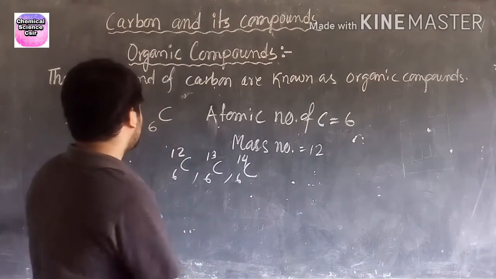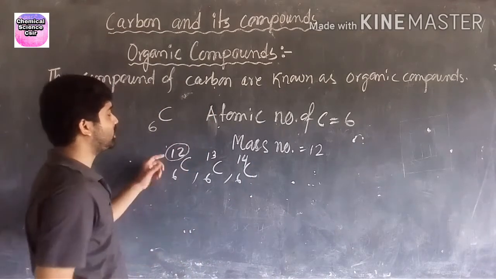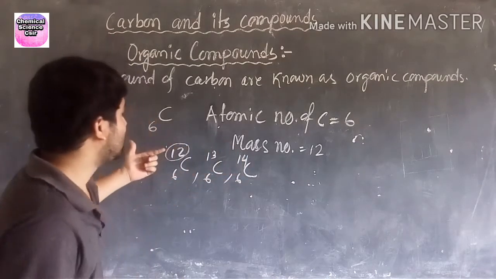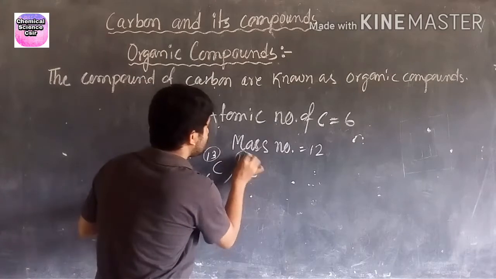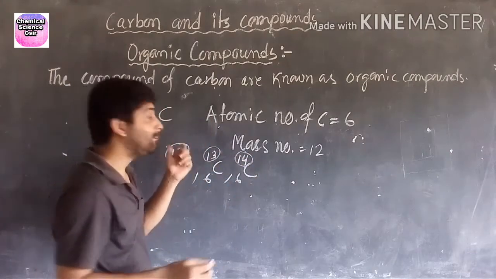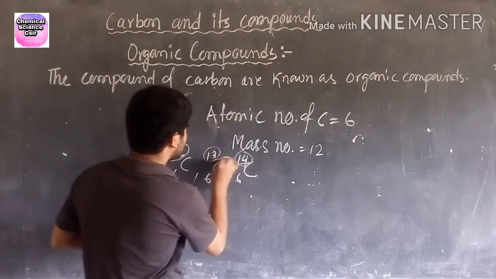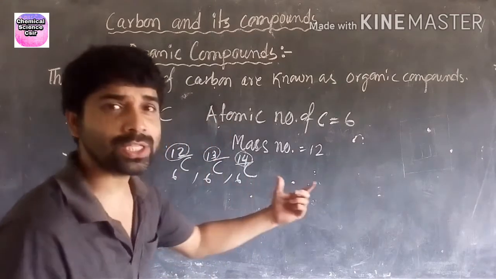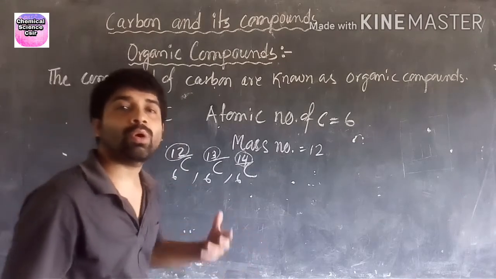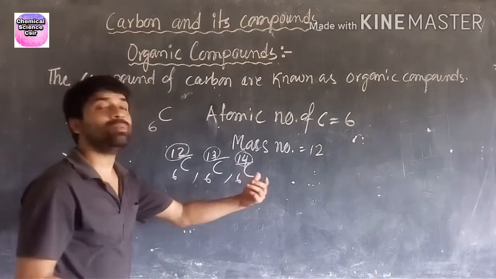Okay, so this superscript is called the mass number. And this one downside is the subscript. This subscript is also called, what is this? The atomic number.